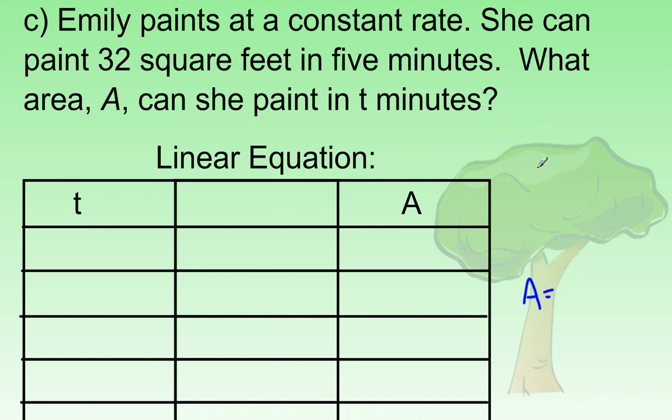So she can paint an amount in minutes. Now, the variables that they have here in their table are T and A. So the minutes is time and the paint is area. So you can paint 32 in 5 minutes.